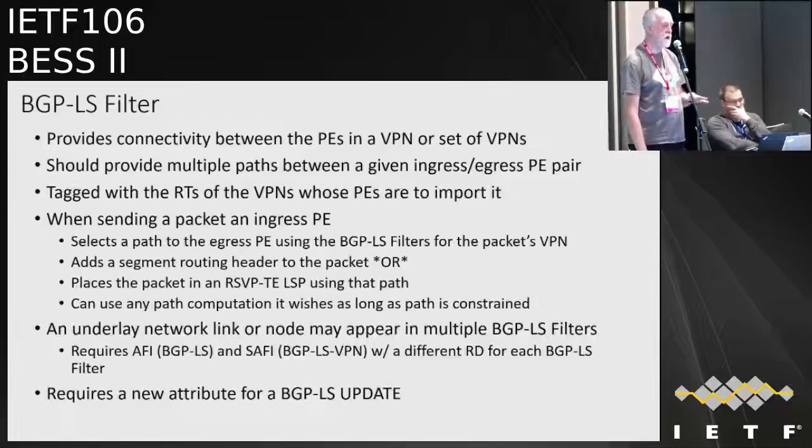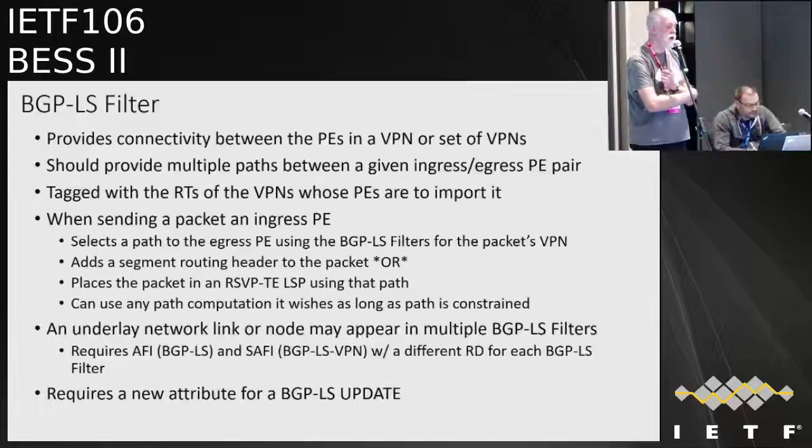You need multiple paths between PEs to give resiliency and to give maybe different qualities of service. We're tagging the filter with the RTs of the VPNs for the PEs that support it, so that makes the import work. And then when you send a packet, you select the path to the egress PE from that LS filter.